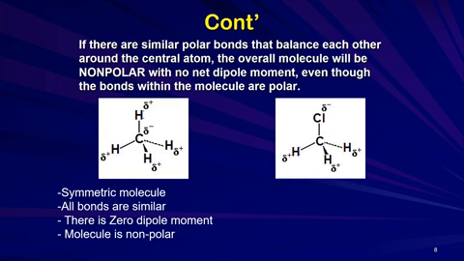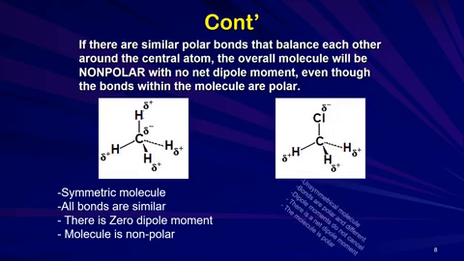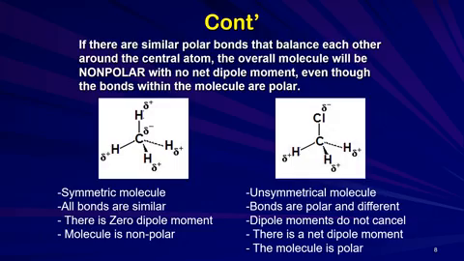The shape is symmetrically arranged, but we have different bonds. So the dipole moment cannot cancel out because we have different bonds and different dipole moments. So when you have different bonds, and the bonds which are polar, the molecule is automatically polar because it has a net dipole.